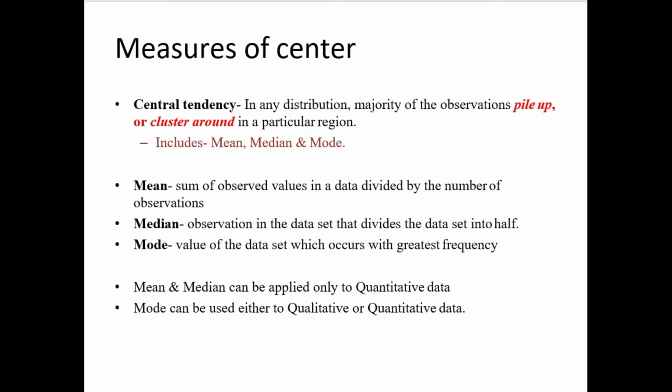Mode is the value of the data set which occurs with greatest frequency. Mean and median can be applied only to quantitative data. Mode can be used for either qualitative or quantitative data.